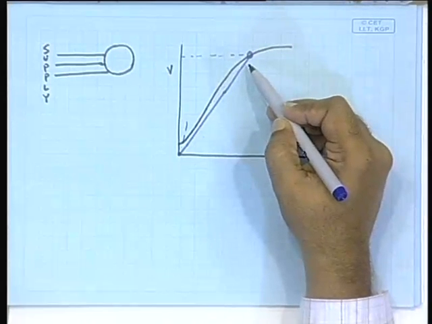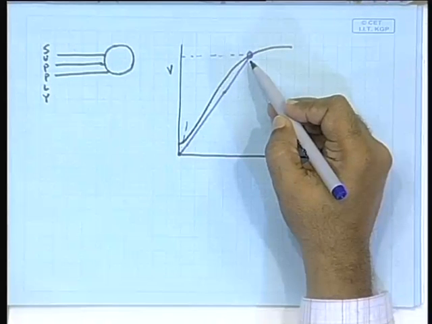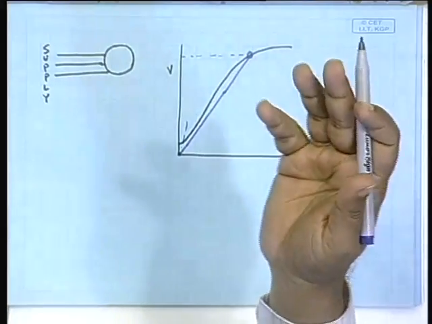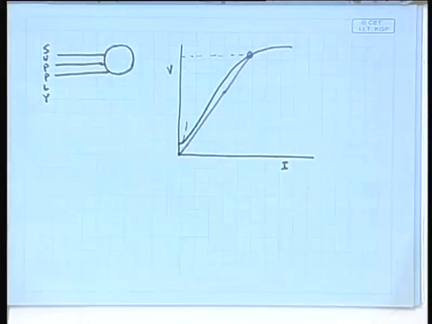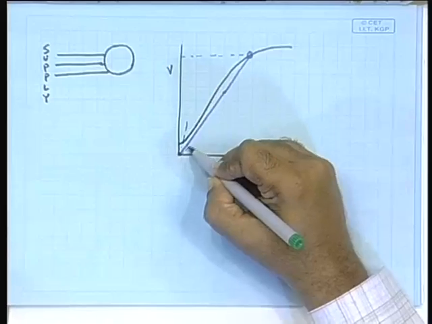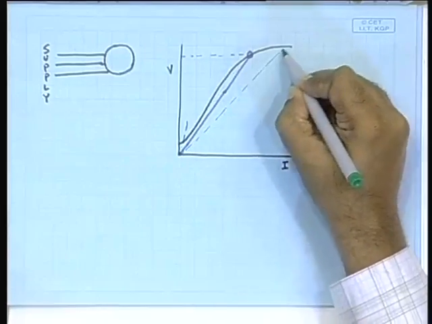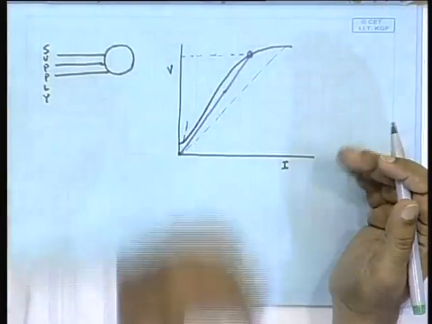How does it depend on the value of the capacitance? The larger the capacitance, the more inclined will be the line.